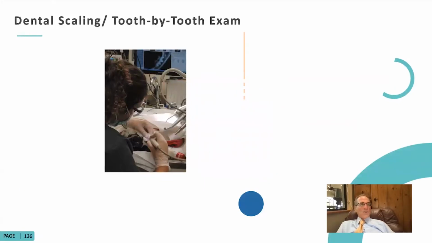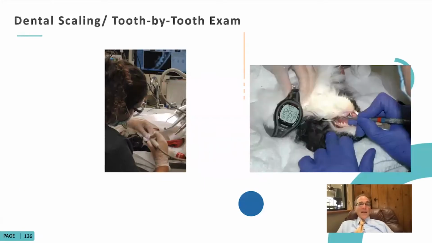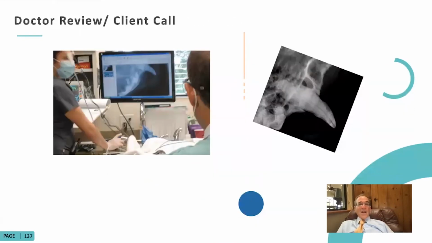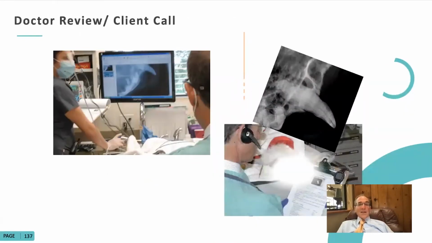Then we scale them and do a tooth by tooth examination. And at that point, after they're probed and I speak to the client about it, then we look at the radiographs, put it all together, and tell the client, okay, this is what we found. This is what we want to do. The cat's still under general anesthesia.